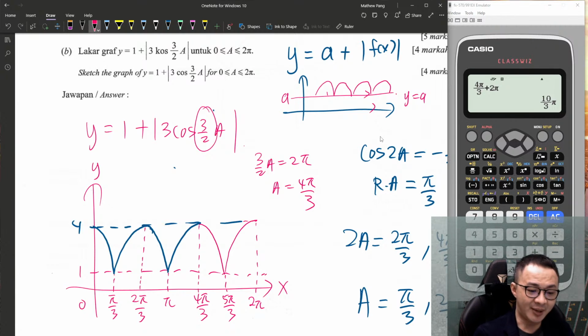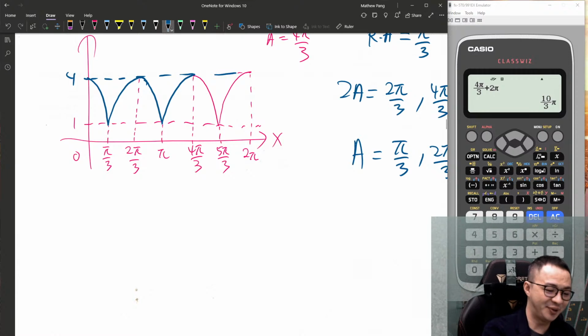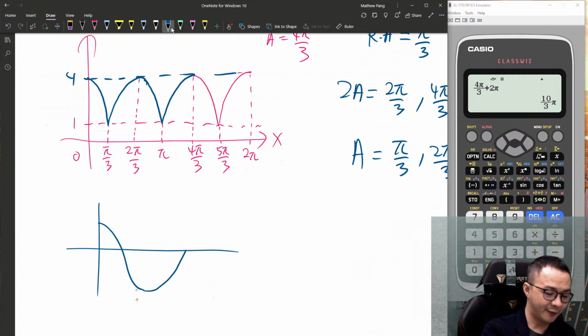Alright, so 4 marks, not too bad if you know how to draw the cos graph, modulus. If anyone has some doubt about why it looks like a W, I can teach you a little bit. Because the cos graph normally looks like this. But because of the modulus, whatever is at the bottom here is going to do a reflection.